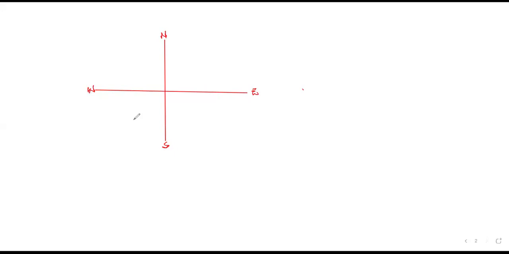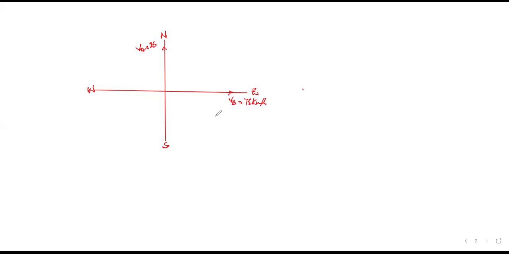So two cars A and B move with velocities 25 and 75, due north and due east respectively. So V of A is 25, V of B is 75.